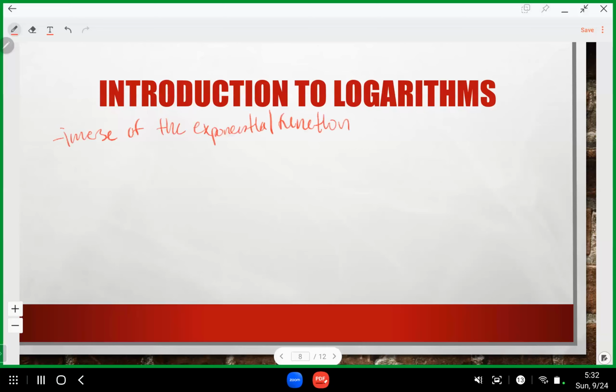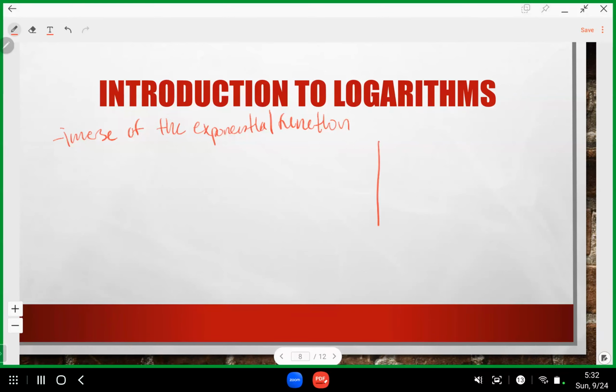We've learned about inverse functions before. You basically replace the x with the y because you change the domain and the range. That's what an inverse function is.